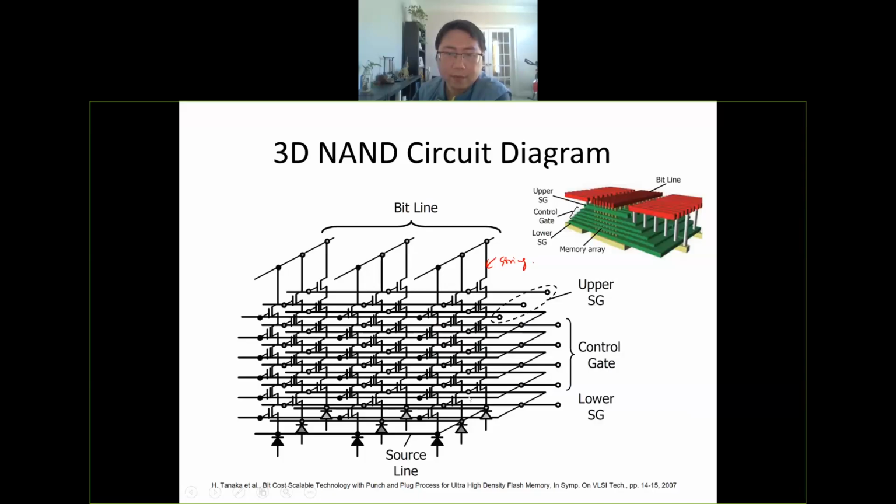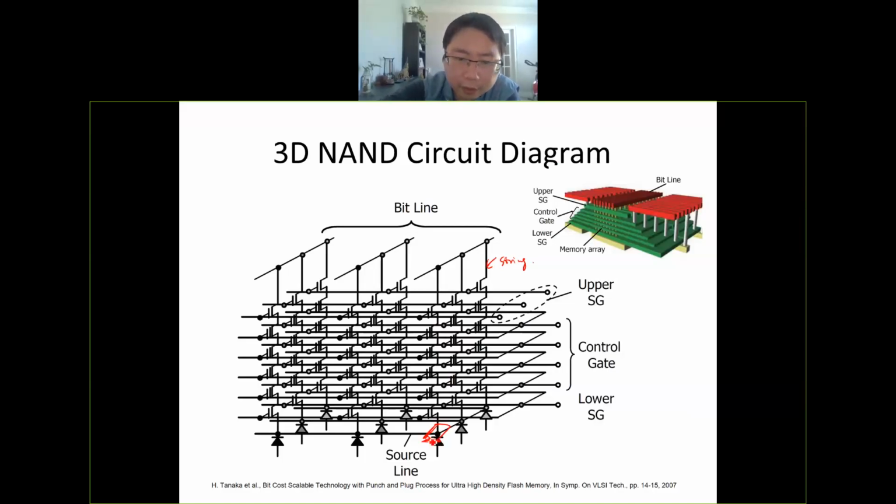like this. So equivalently, this transistor will occupy a very small space because those transistors are built vertically. And here, if this is your substrate, those transistors are standing up. Normally, when you build a transistor, it is along the surface of the silicon wafer horizontally. But in this one, the transistor is standing up like this.